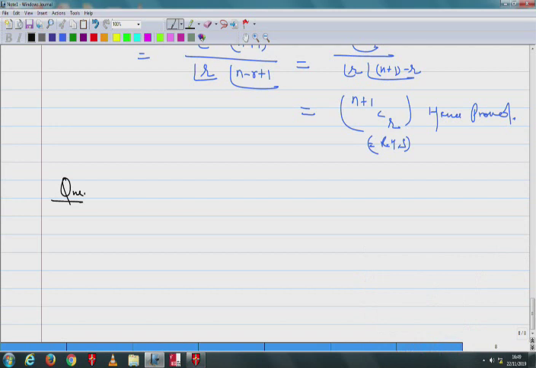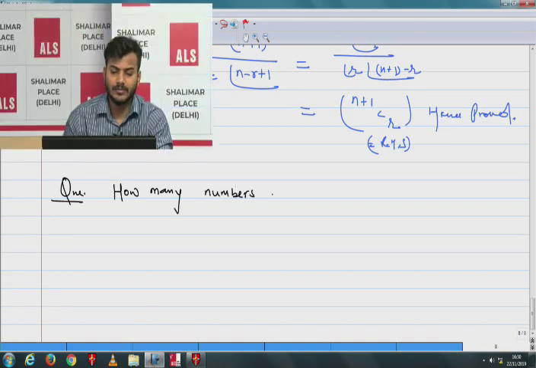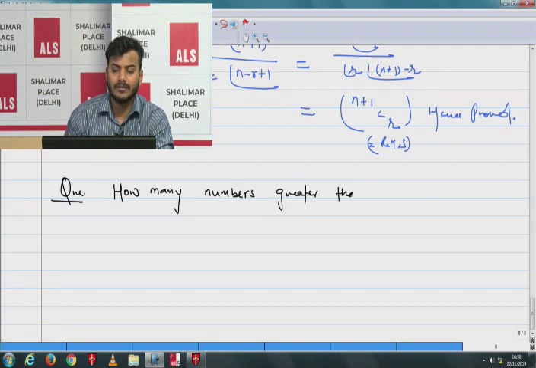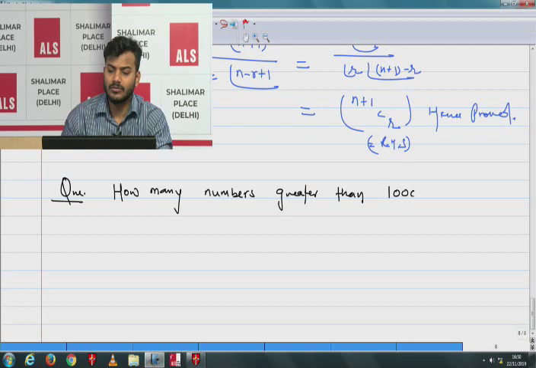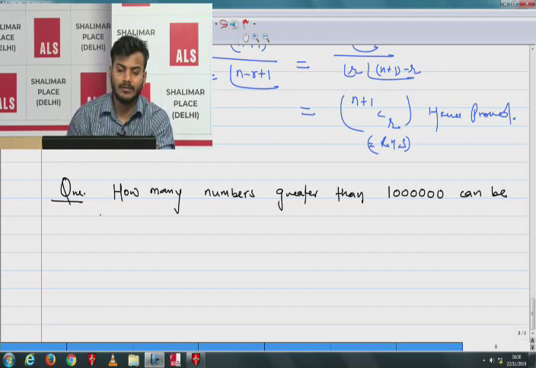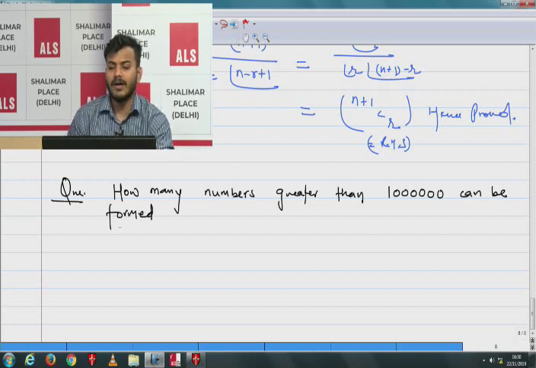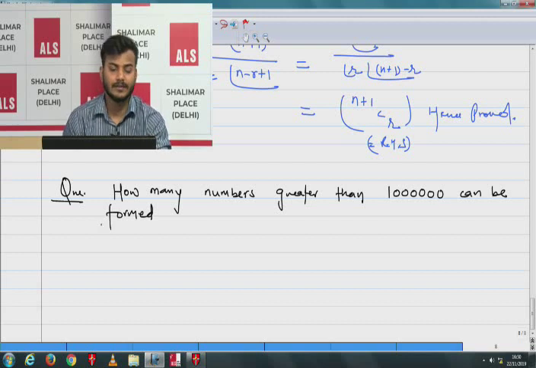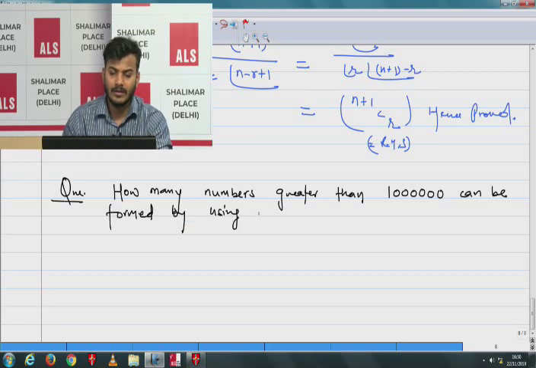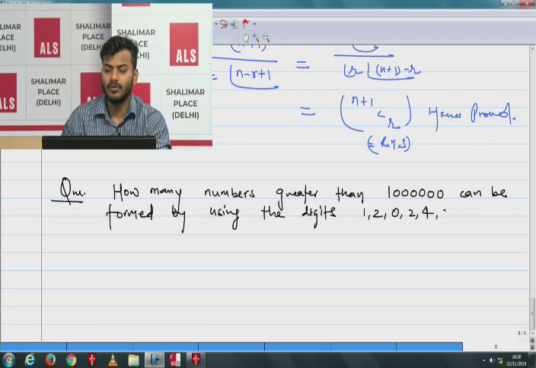Anyway, the question is, how many numbers greater than 10 lakhs can be formed by using the digits 1, 2, 0, 2, 4, 2, 4?